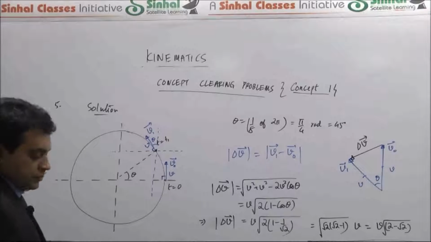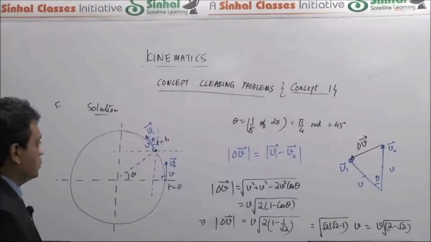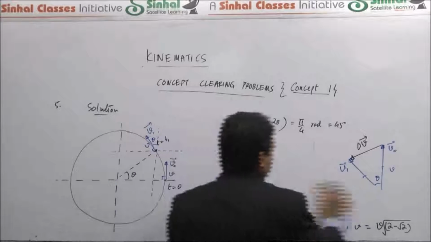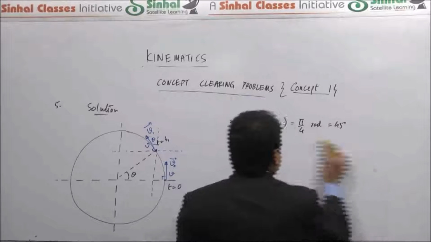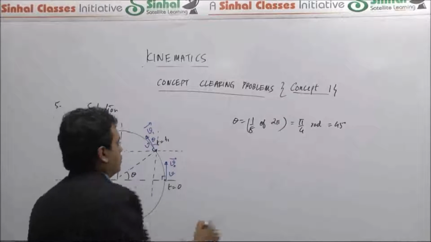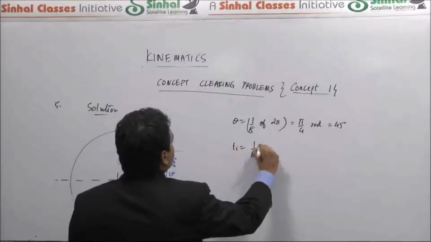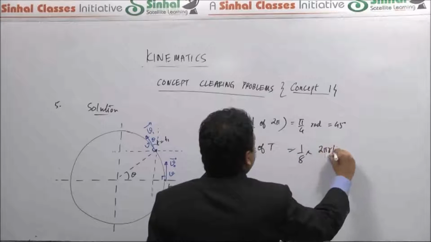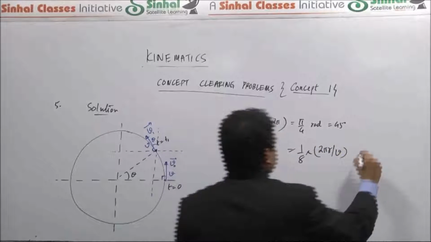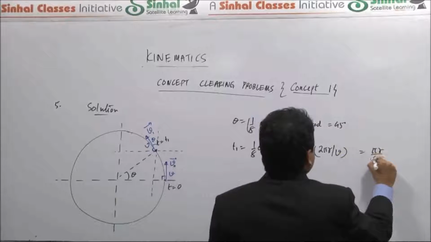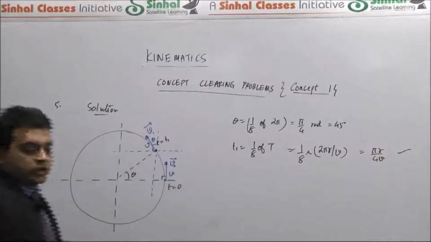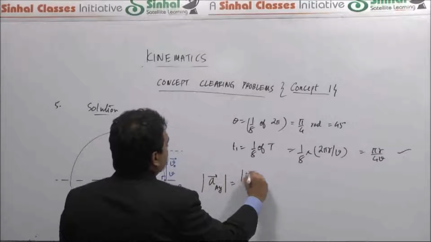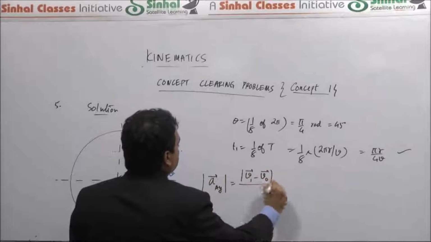And now, if we also want to calculate next the magnitude of average acceleration, see that t1 would be 1/8 of one time period, so that is 1/8 of 2 pi r by v, right? So that is pi r by 4v, that is the time. So the magnitude of average acceleration is the magnitude of change in velocity divided by the time.